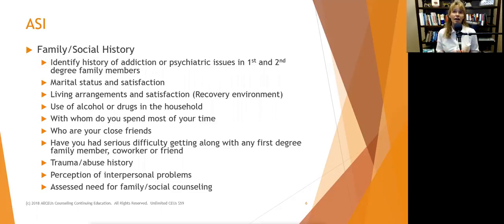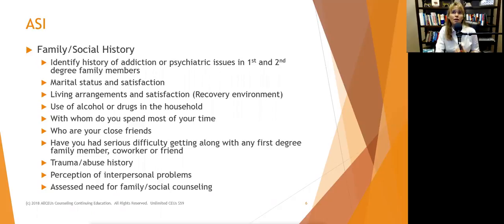Does anybody use alcohol or drugs in the household? Even if someone is addicted to alcohol, for example, and everybody else in the house is using crack cocaine, it doesn't mean that that's safe. That just means the other people are not using that person's addiction of choice, but they're still using mood-altering substances in front of the person.